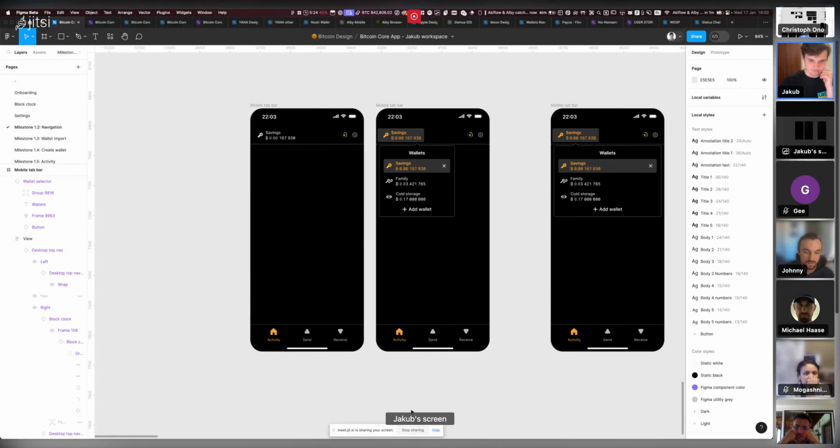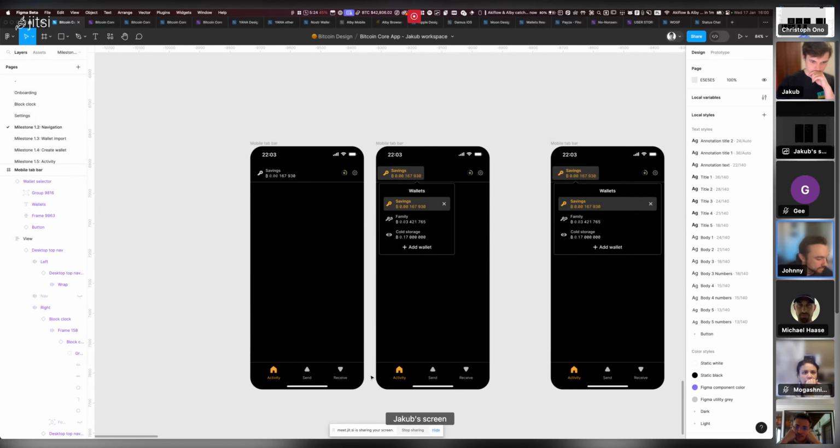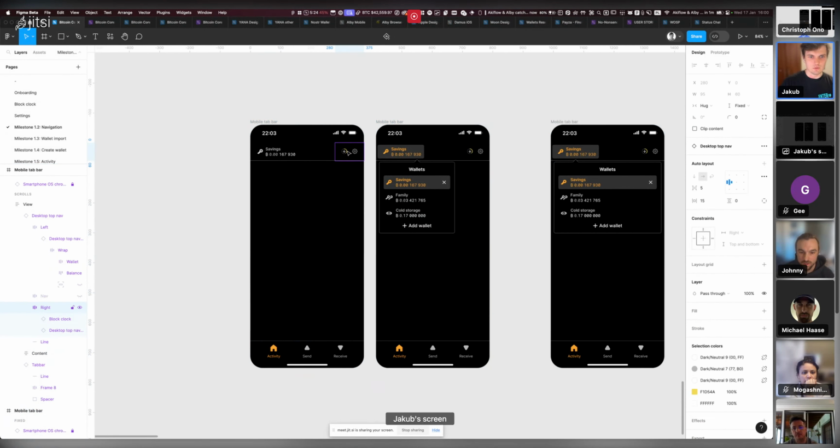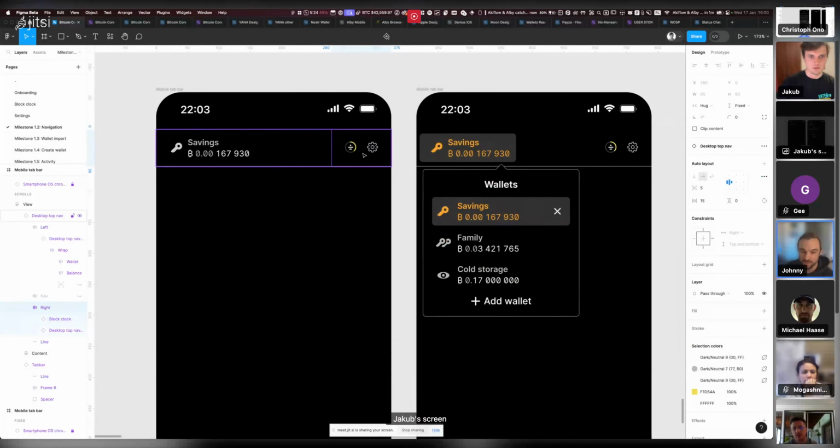Any thoughts? I would be conscious of how much room you have for touch. It's quite constrained there, so it could be difficult for a user to hit some of these points. You mean this one? That one, as well as the drop down.